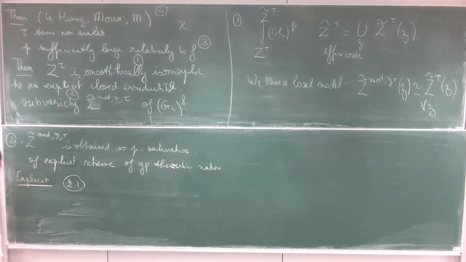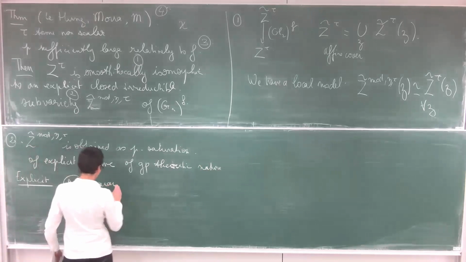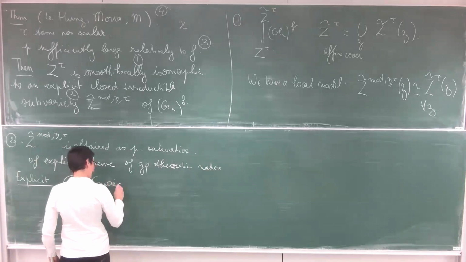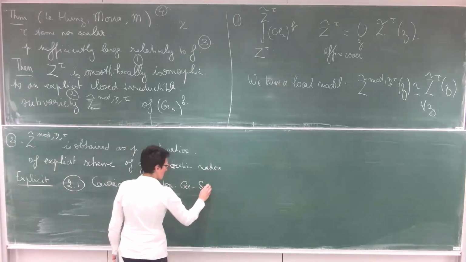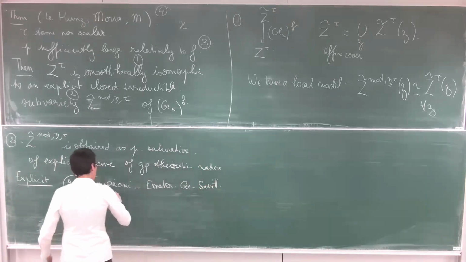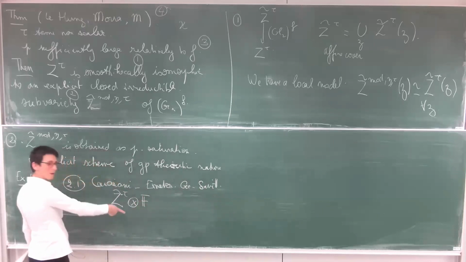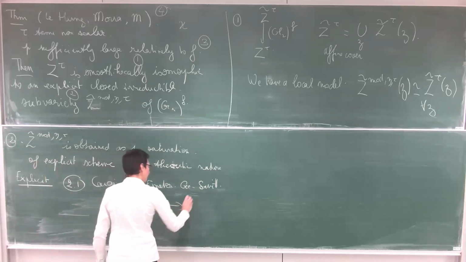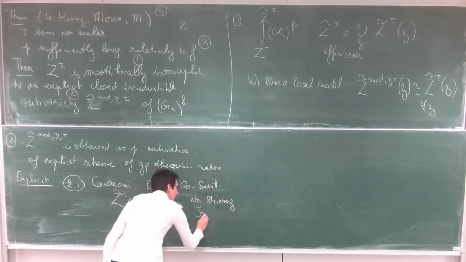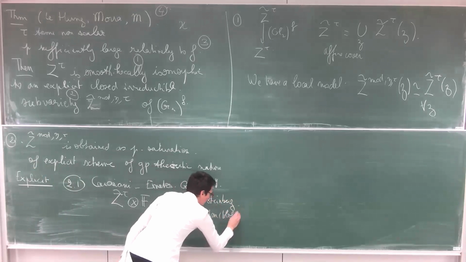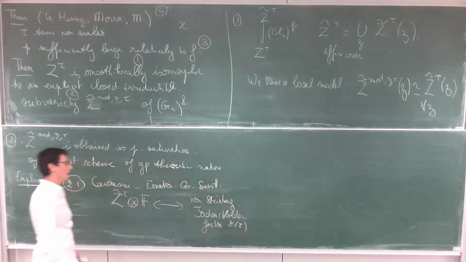So let me say a few remarks. As you know, Caraiani, Emerton, Gee and Savitt have given a bijection between the irreducible components of this object modulo P in terms of non-Steinberg Jordan-Hölder factors of a representation which is associated to tau.